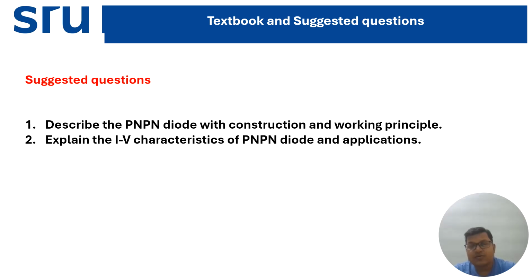Construction means you have to draw the physical structure, and then explain the function: when the anode is positive and the cathode is negative, which junctions are forward biased and which are reverse biased. You explain the working principle, how it works and how the current flows. Then you have to explain the IV characteristics, the current-voltage characteristics, and maybe you will be asked for some applications. These could be the possible questions from this portion.